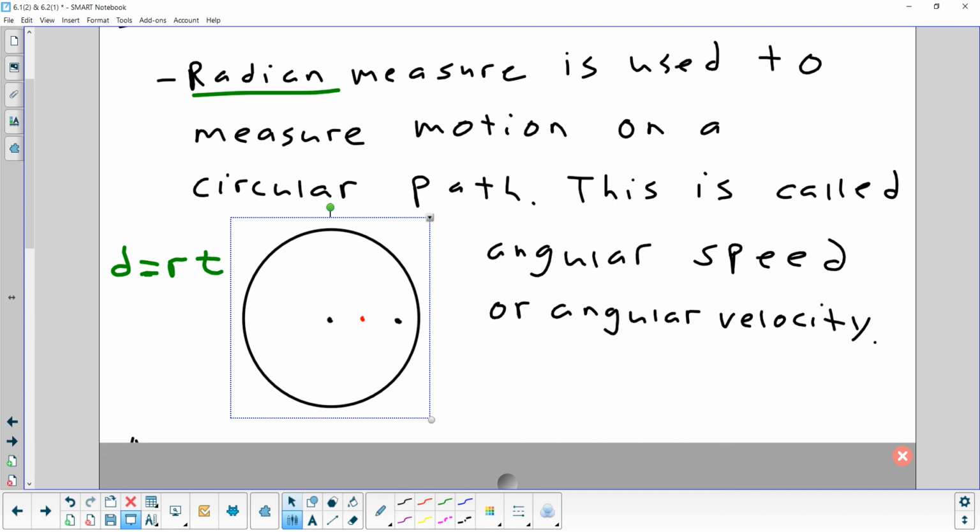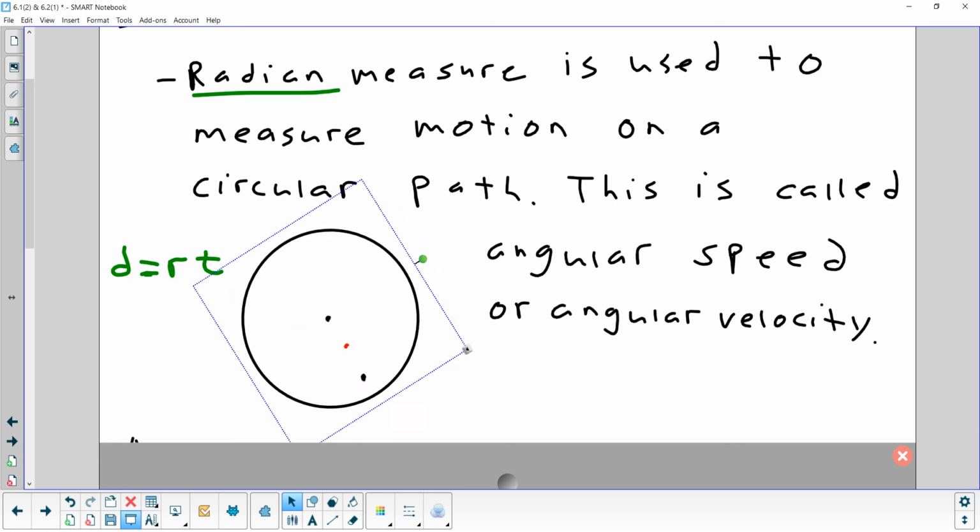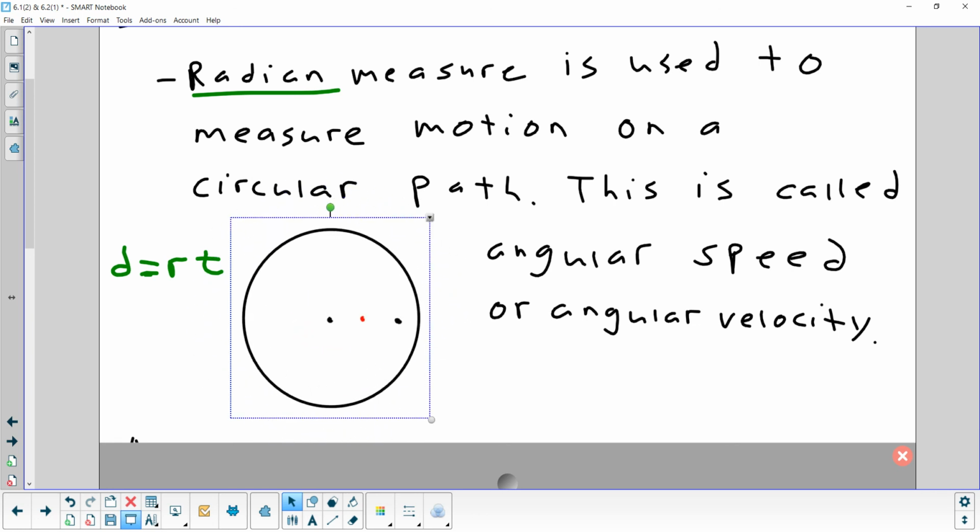So if we try to describe the speed of these dots using this kind of idea, this is thinking about linear speed, it gets very confusing because every dot on the circle would be traveling at a different speed relative to its distance from the center. But if we think about this in revolutions, think about it as an angular speed, we could say all of these dots made one revolution in 5 seconds. All of them.